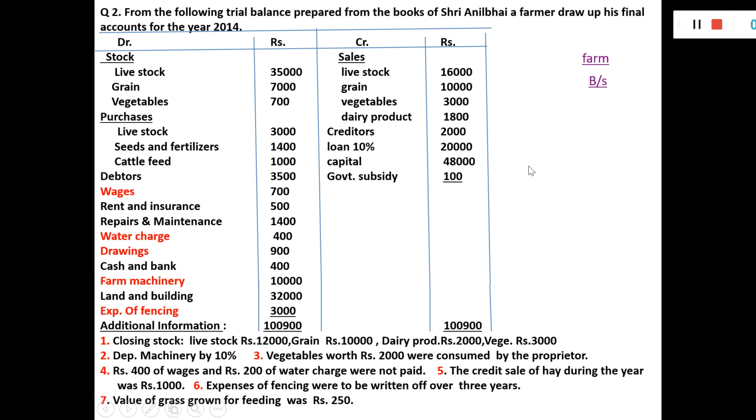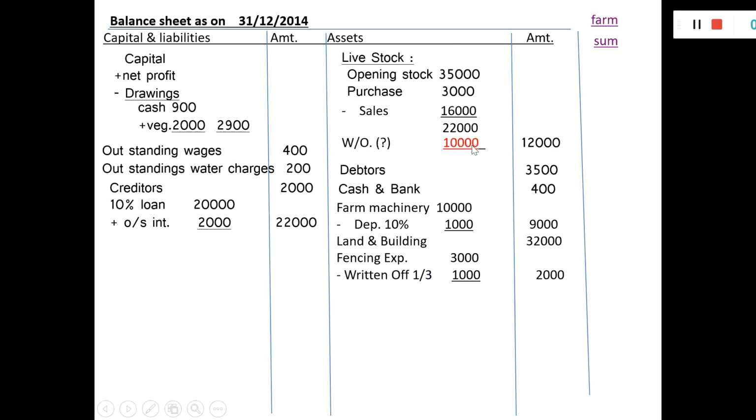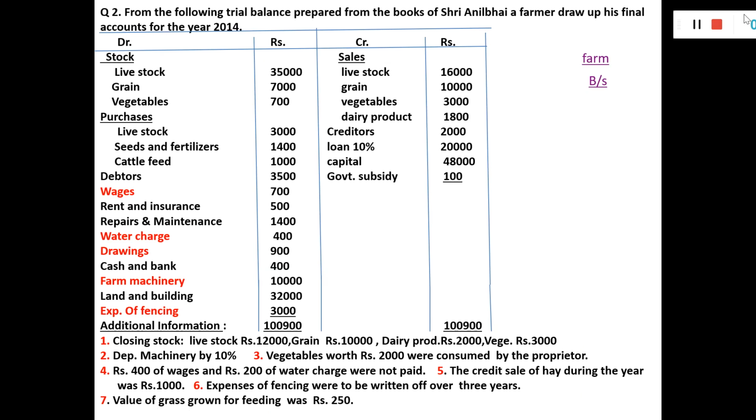We will consider later on, but first of all, capital 48,000 will be written in the balance sheet. Capital 48,000. Go to the sum. Some adjustments that we have to clear here.